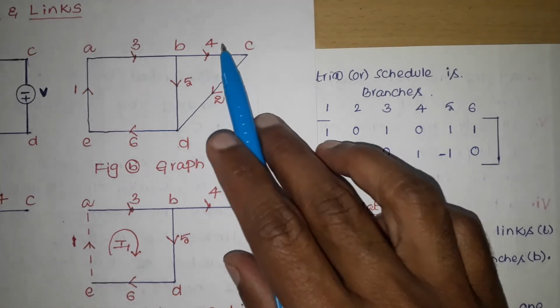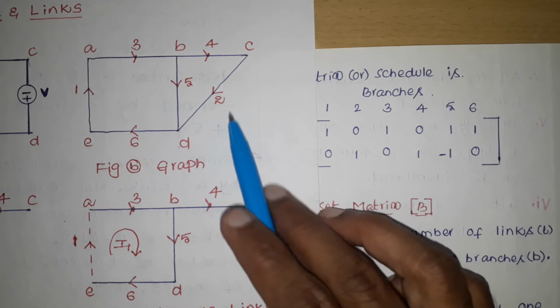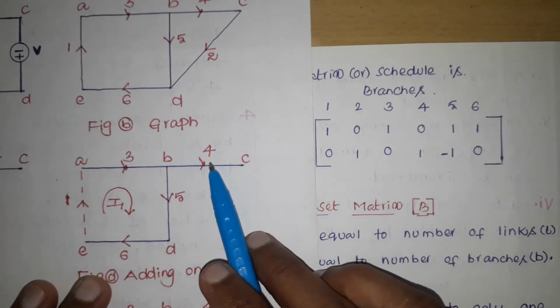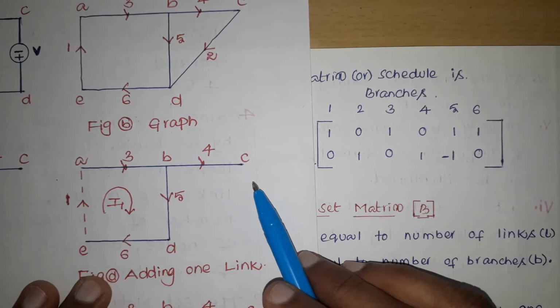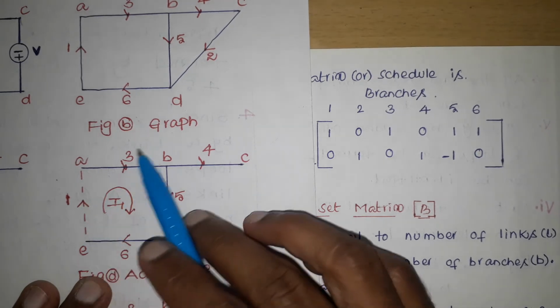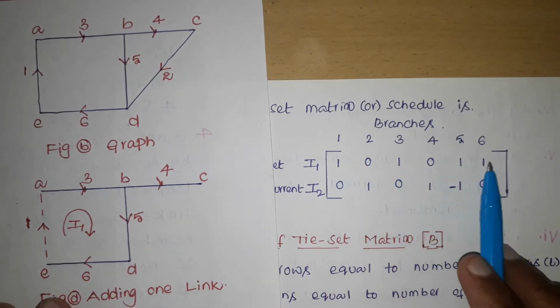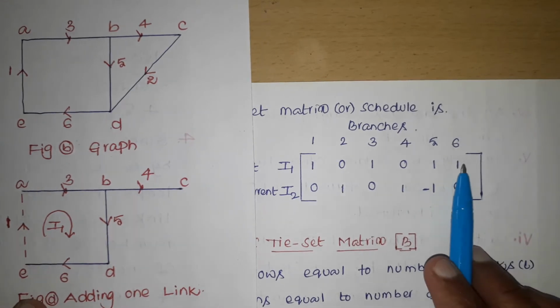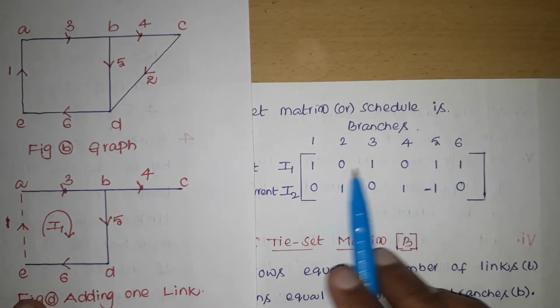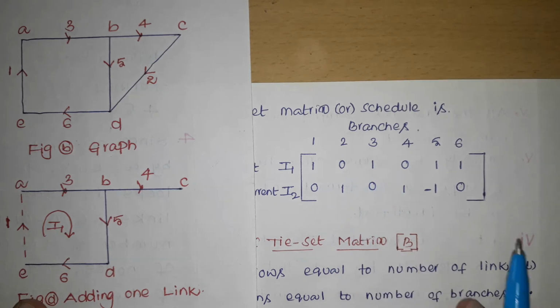So the current in the fourth branch and the second branch is 0. So here 1, 3, 5, 6 are non-zero elements, and 2 and 4 are 0 elements.